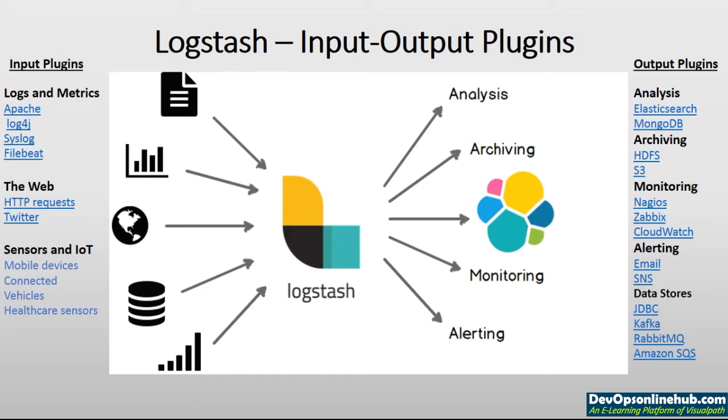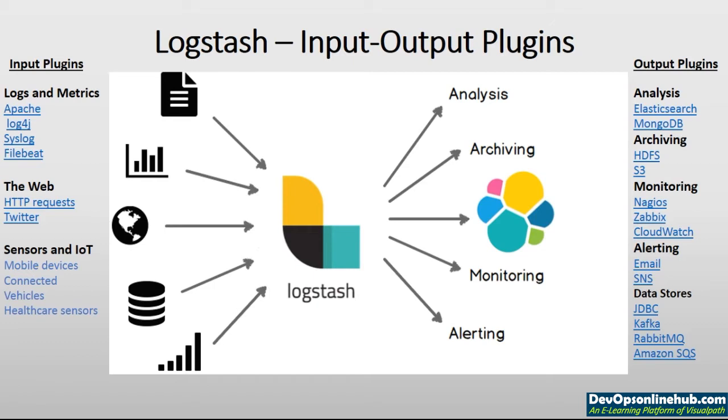In the same way, the output plugins can be categorized based upon their features. Like if we are analyzing the logs, then Logstash processes the data and sends it to the analytic logs like Elasticsearch and MongoDB.